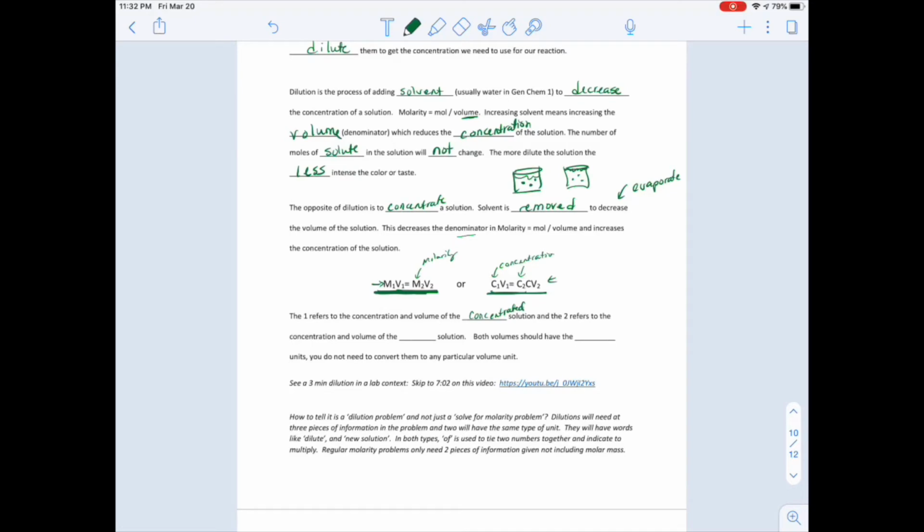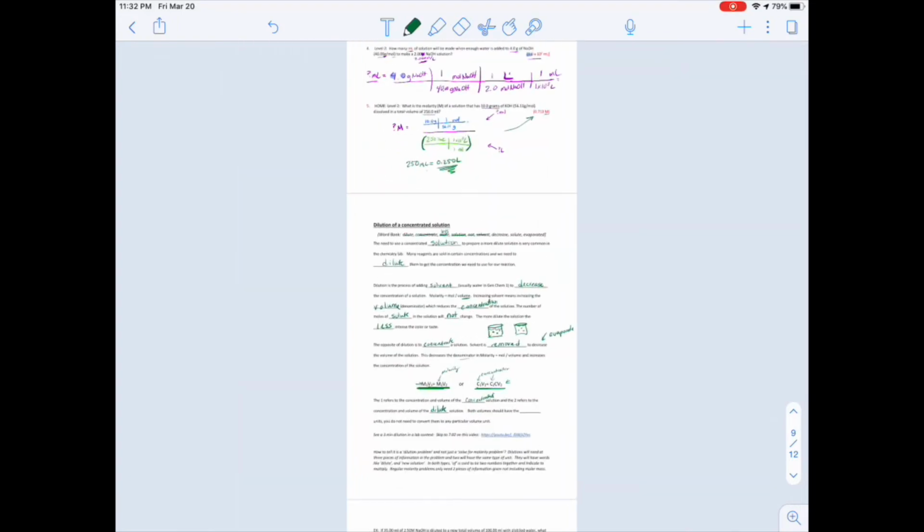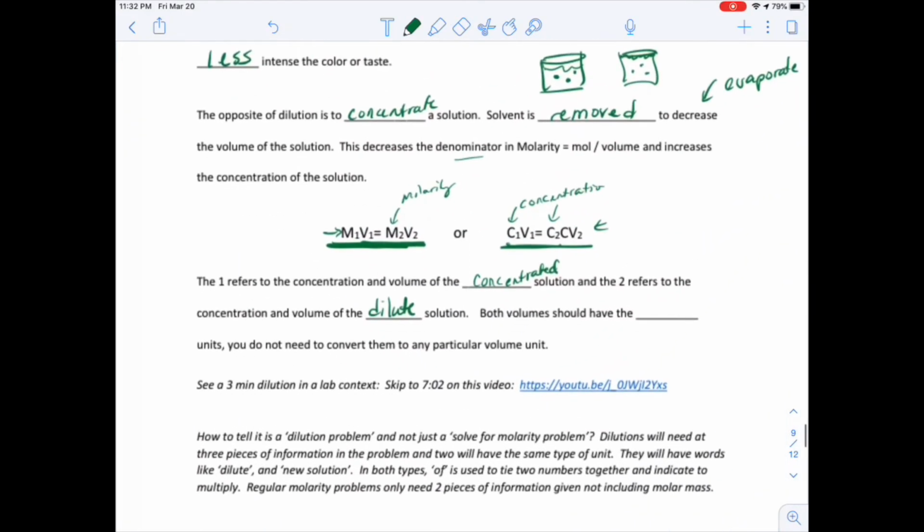And the 2 refers to the concentration and volume of the dilute. Now, honestly, I switch these all the time. You're still going to get the same numbers. Just make sure you have the molarity and the volume of the concentrated on the same side. That's the key part. Notice this though, both volumes should have the same units. You shouldn't have to convert them to any particular volume unit.